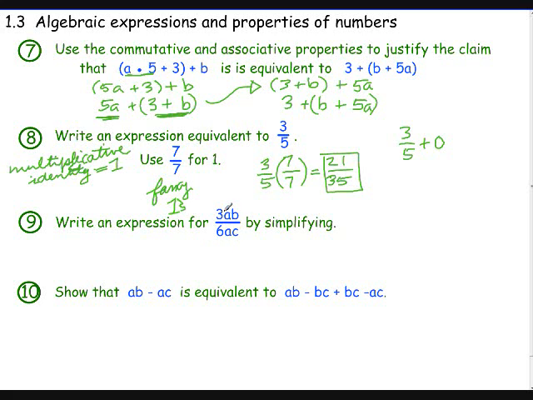Number 9. I see a fancy 1 stuck right in there. A over A is equal to 1. So that could be simplified down to 3 over 6 B over C. And my 3 and my 6 have a common factor, don't they?